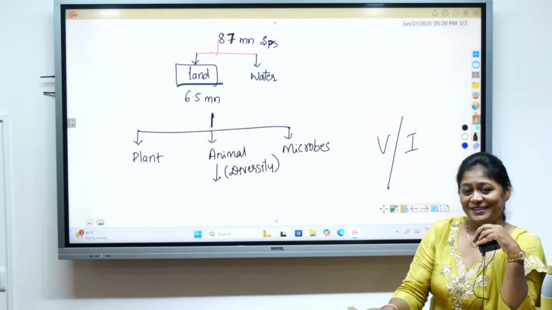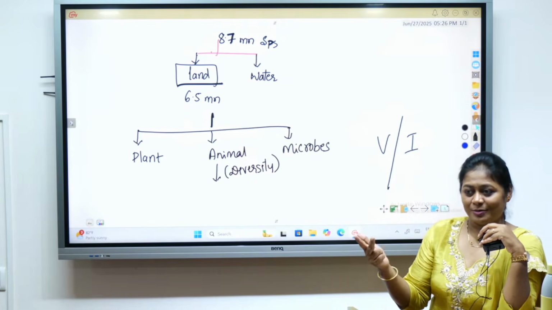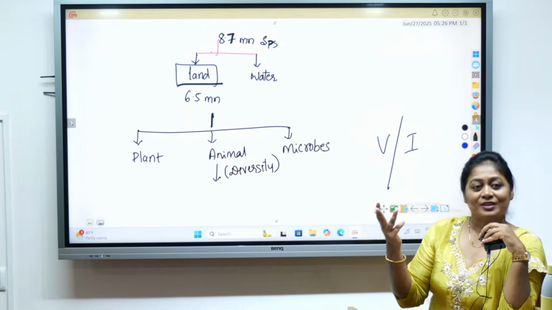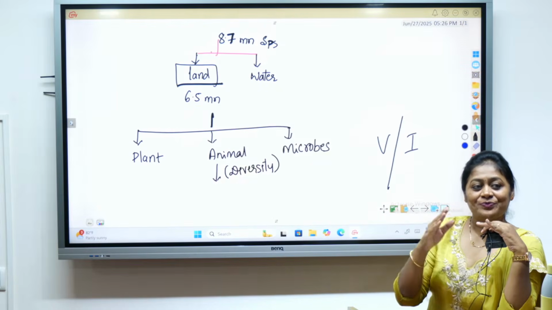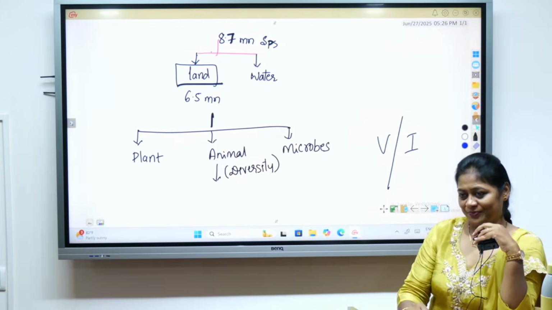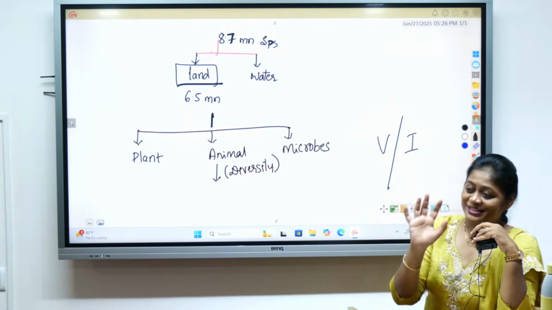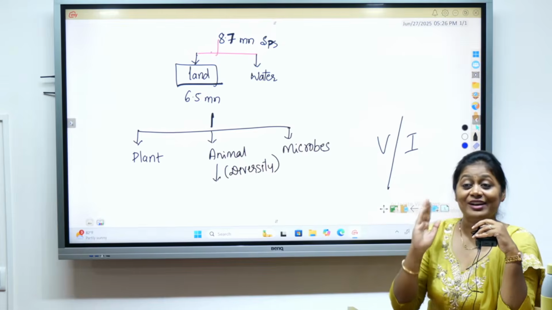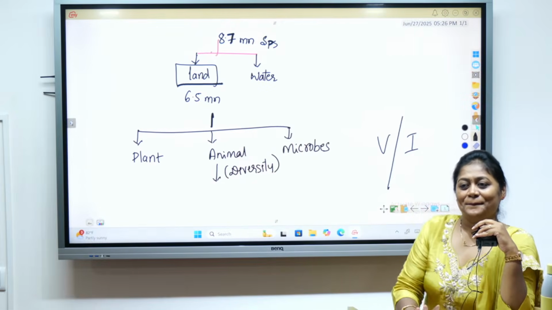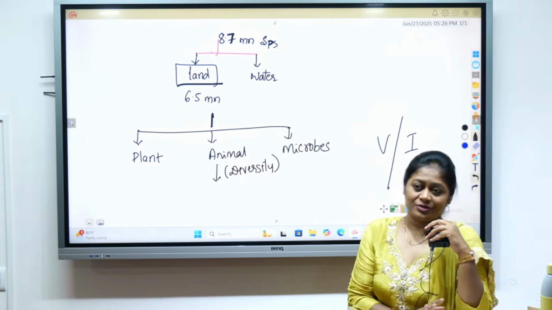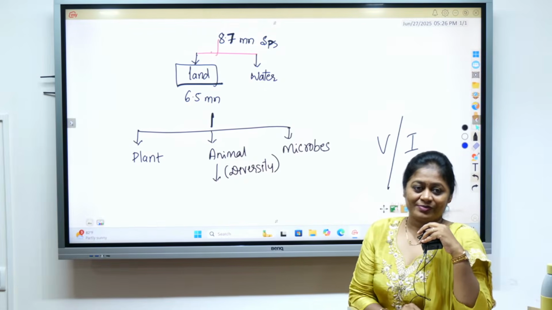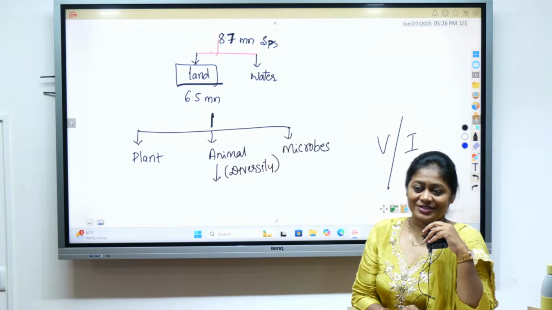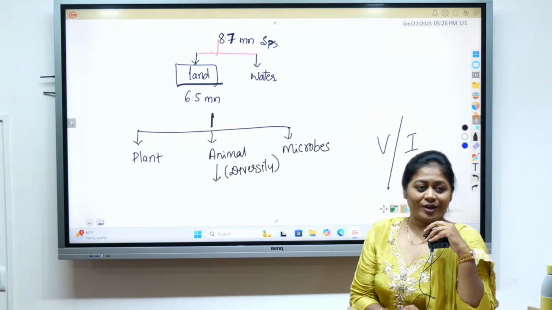Invertebrates: Porifera, Coelenterata, Platyhelminthes, Aschelminthes, Annelida, Arthropoda, Mollusca, Echinodermata. So among these phyla, which phylum is having the highest diversity? I should know all this minute information. Arthropoda.